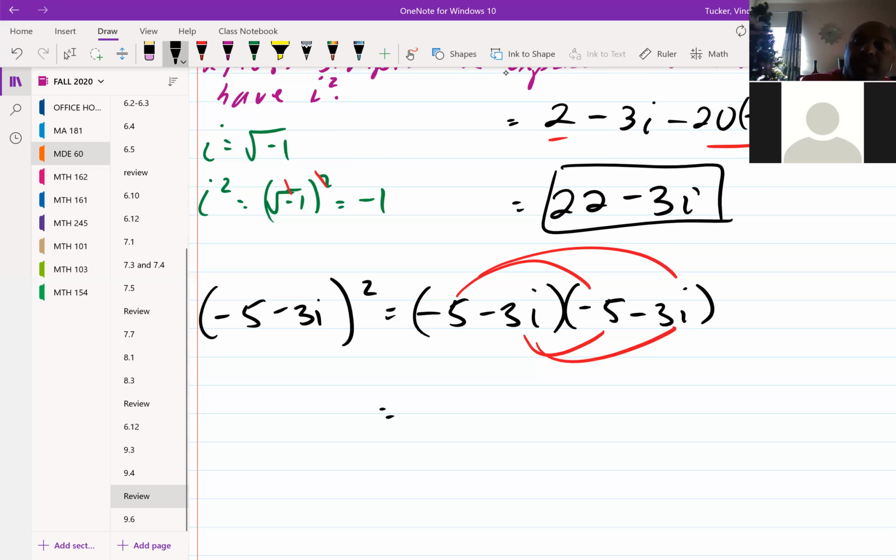So negative 5 times negative 5 is positive 25. Negative 5 times negative 3i is positive 15i. Negative 3i times negative 5 is positive 15i. Then negative 3i times negative 3i is positive 9i squared.